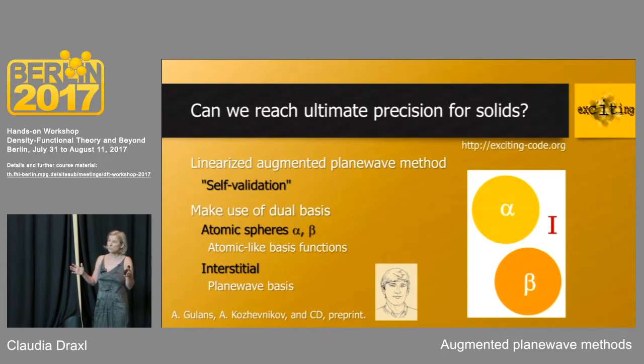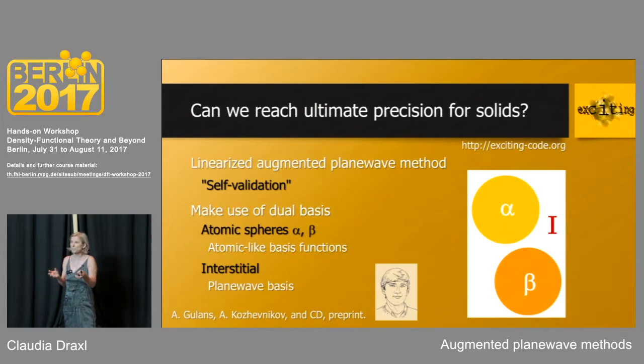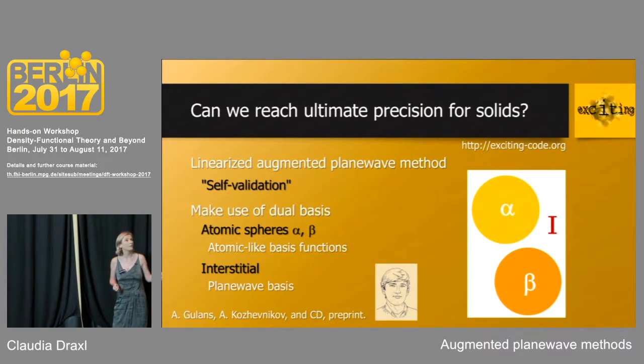But we can choose them as small as possible, and that means if you use them very, very small, then we treat basically most of the problem with plane waves. If you use large spheres, then we treat most of the problem with the atomic basis functions. So in some sense, the results could be dependent on the sphere size. And this may be the case if you just do a sloppy calculation.